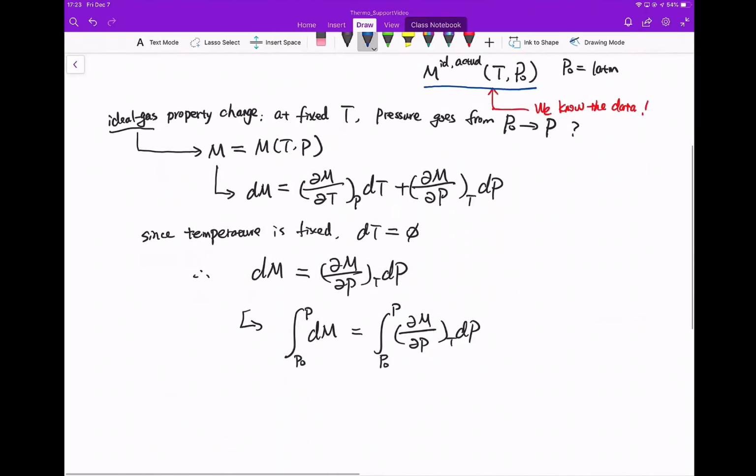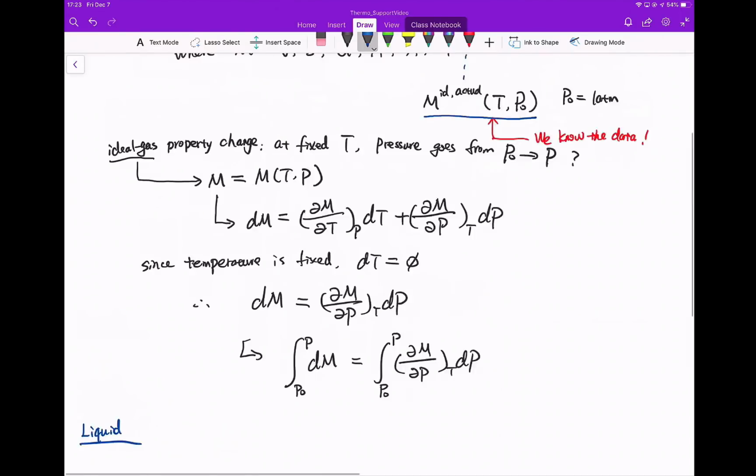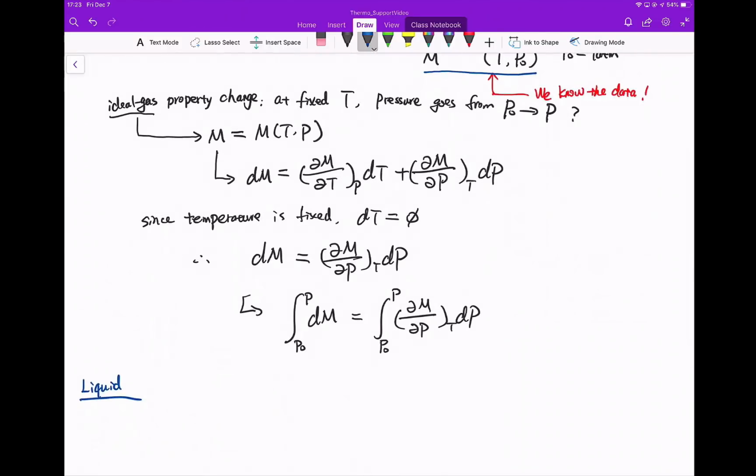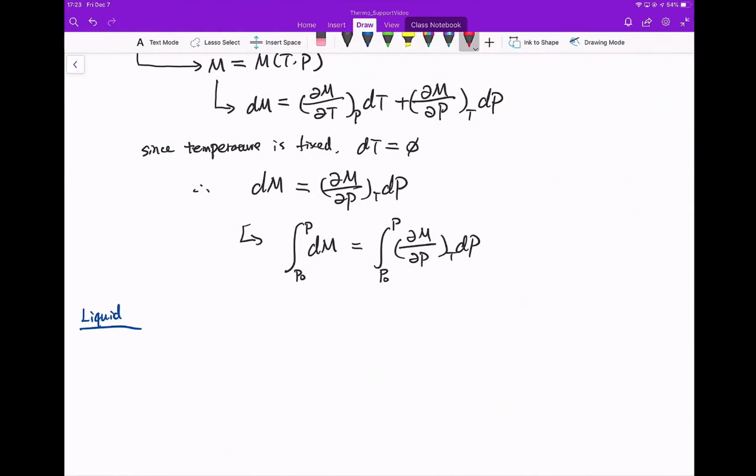So now for the liquid, we have another property. The residual property is for gas; for the liquid, we have another property, which is the excess property.